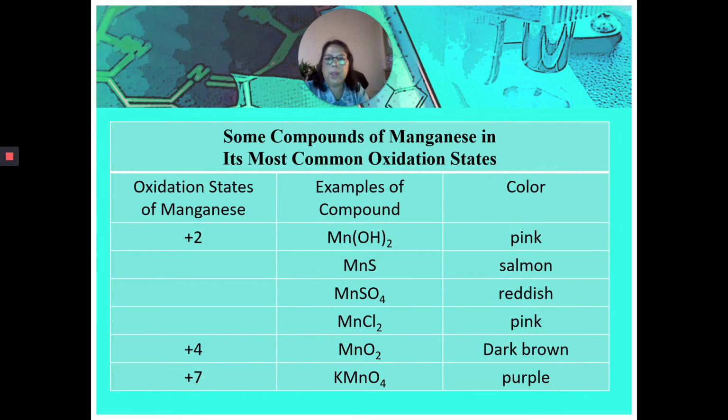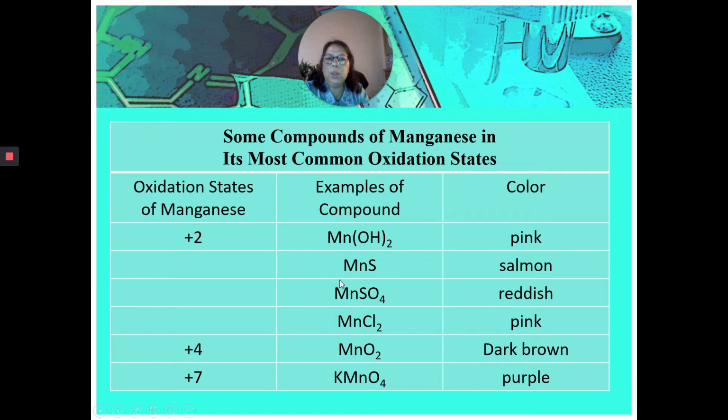Okay. Now let us try to look into manganese. You have manganese plus 2, manganese plus 4, manganese plus 7. The most lovable of them all is the manganese plus 2. Manganese plus 2 in its hydroxide form is pink in color. This is a very beautiful pink. You could usually see this pink in some gemstone.